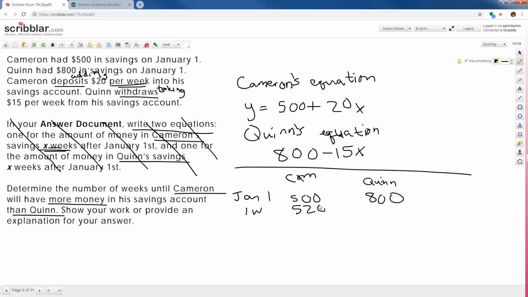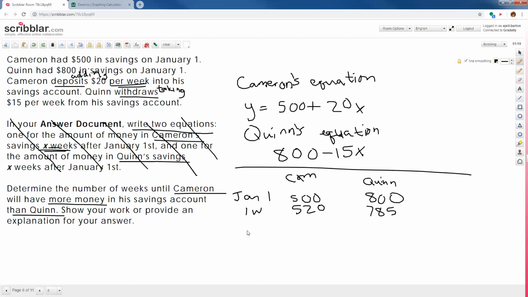And how much for Quinn after 1 week? 785. I split it up and I say, okay, 800 minus 10, that's 790. Minus 5 more, that's 785. I said 890 instead of 790, and I can't write and talk at the same time.